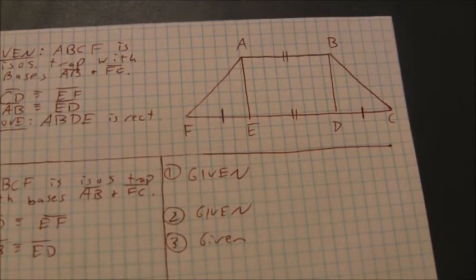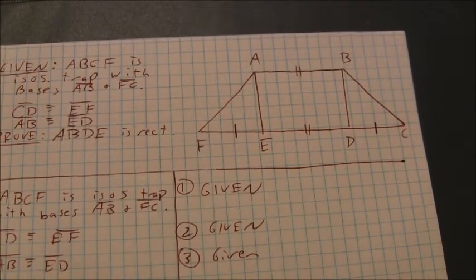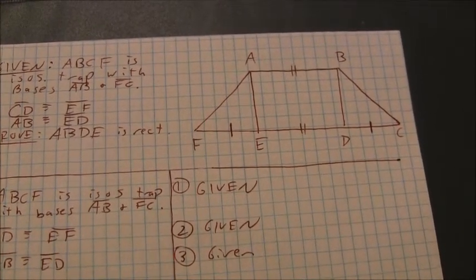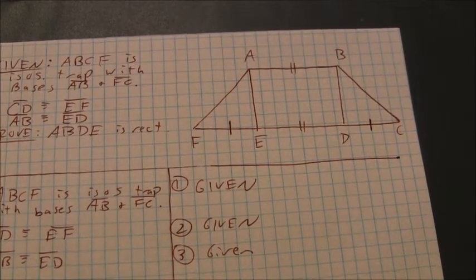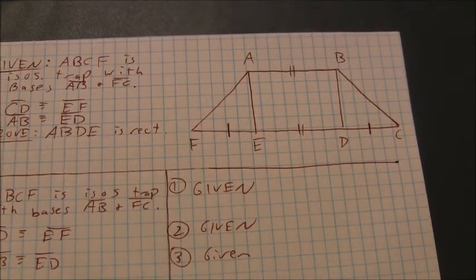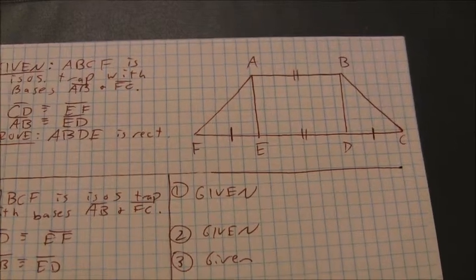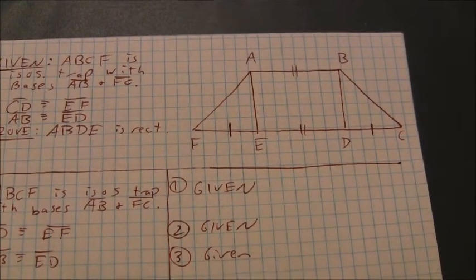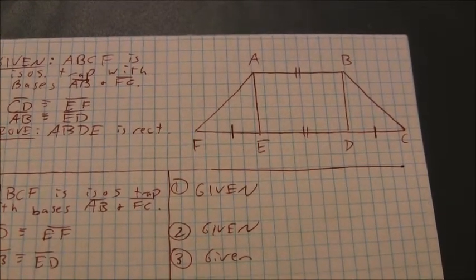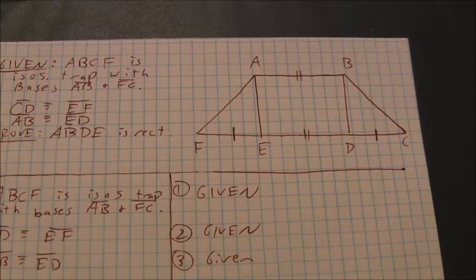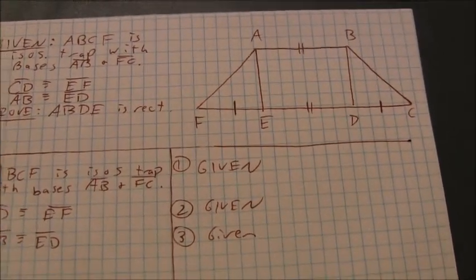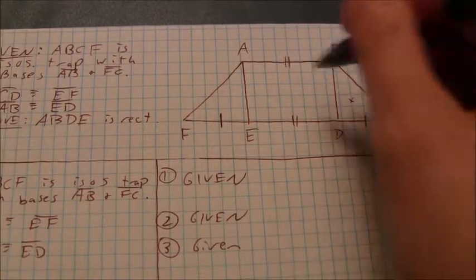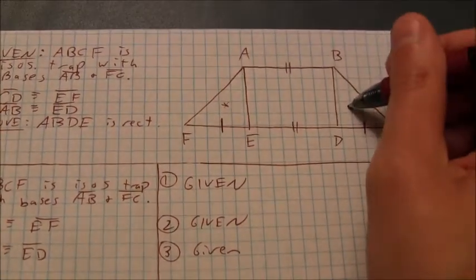So the first thing I'm going to do here is I'm going to prove that the isosceles trapezoid I have here has a parallelogram inside it, ABDE. Okay, and the way I'm going to do it is by proving these outer triangles congruent to each other.